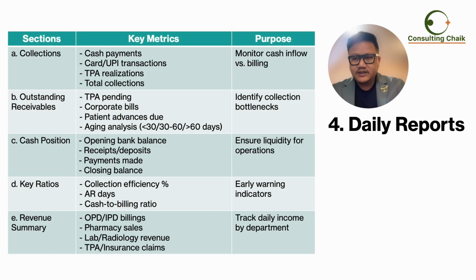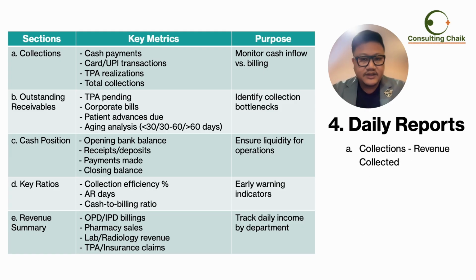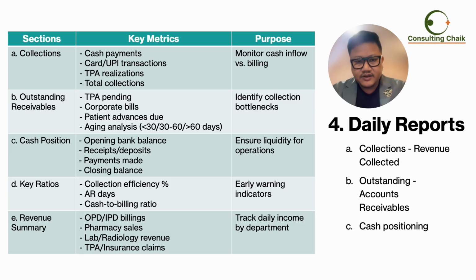So these are the list of details that you need to get at the end of the day. Our daily report will have these contents: collections, what was the revenue collected on that day, then outstanding accounts receivable, then your cash position, your key ratios, and revenue summary.